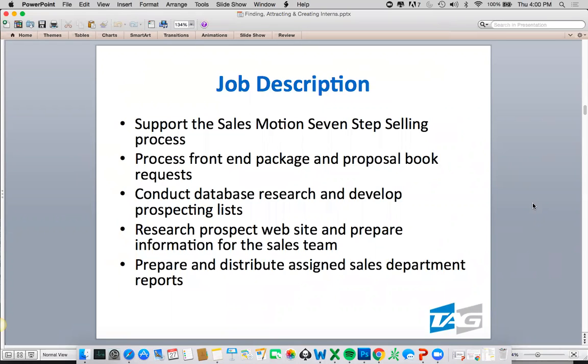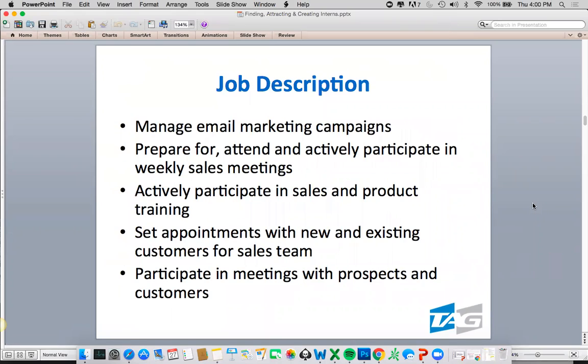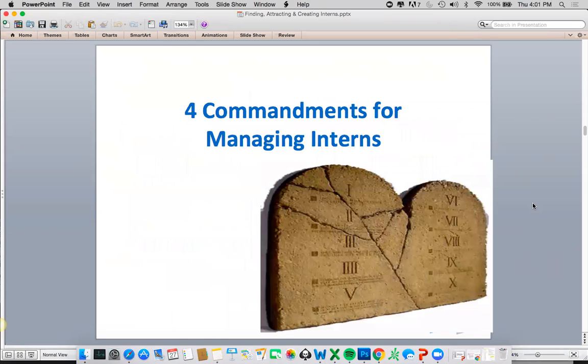They can prepare and distribute assigned sales department reports, manage email marketing campaigns, go to the weekly sales meetings, get engaged in sales and product training, start doing appointment setting. They can start participating in meetings with prospects and customers. There's plenty of things for them to do. You're never going to run out of things for them to do, especially when you have a network like TAG at your disposal. And you basically have a lot of the best practices distilled in here.